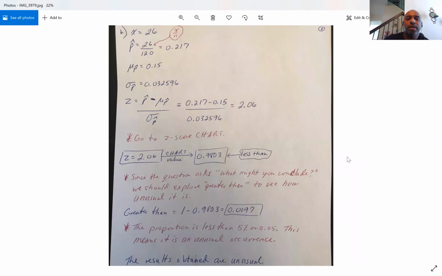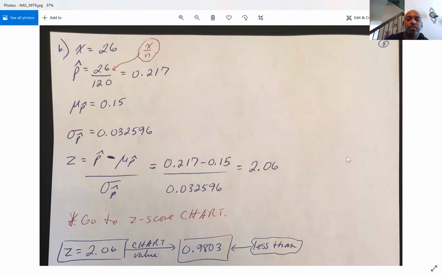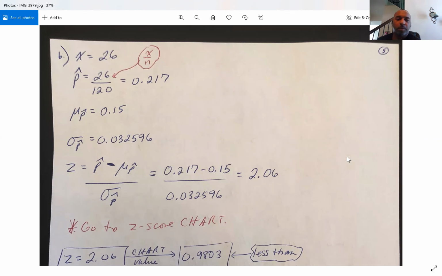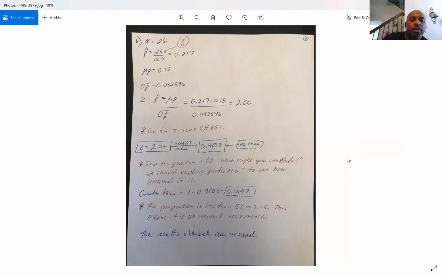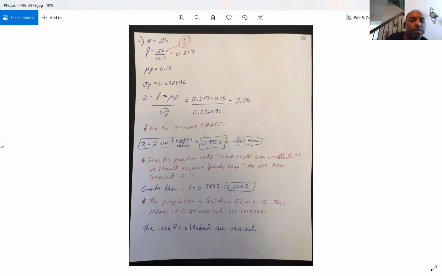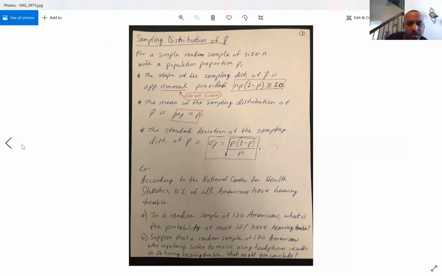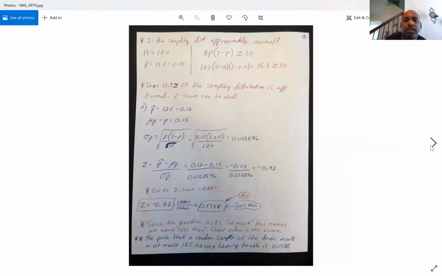All right, so this is B. Let me remind myself of what B was real quick. Suppose that a random sample of 120 Americans who regularly listen to music using headphones has 26 of them having hearing trouble. Okay, gotcha.